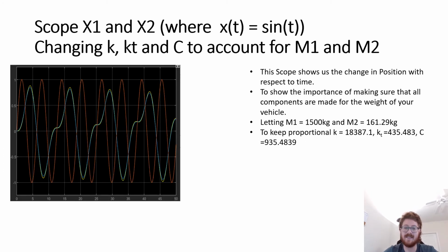Whereas in the last slide, we were modeling the velocity with time, now we are modeling position with time, with the modified values that are proportional to the original equation, even with the larger M1 and M2 values. So as you can see, this looks very, very similar to the original equation as well.